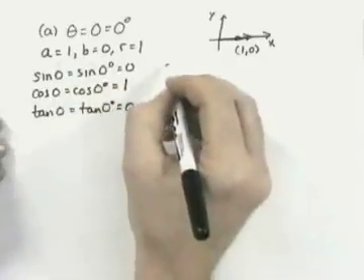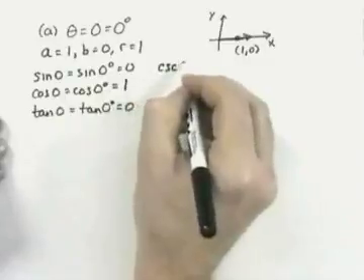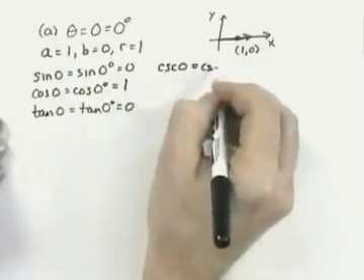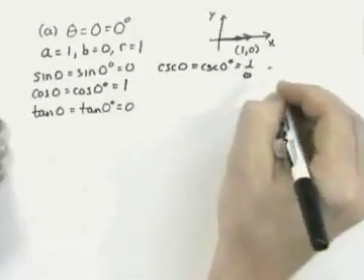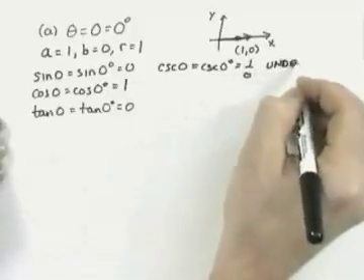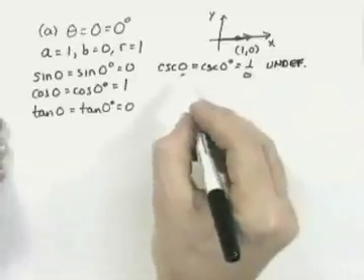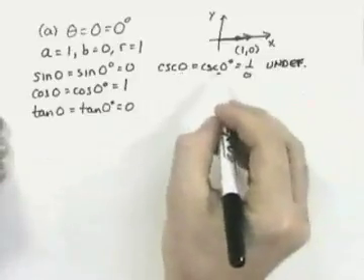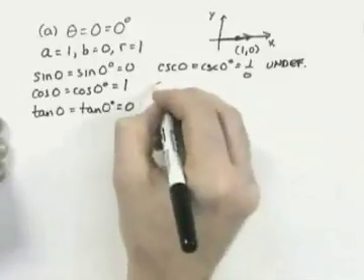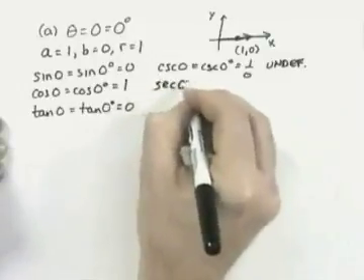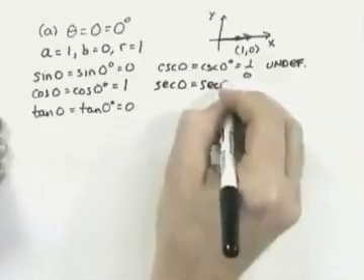And now we can do the reciprocals. Cosecant of 0 equals the cosecant of 0 degrees. That's going to be 1 over 0, which of course is undefined. That means that the cosecant of 0 radians or the cosecant of 0 degrees does not exist. How about the secant of 0 or the secant of 0 degrees?